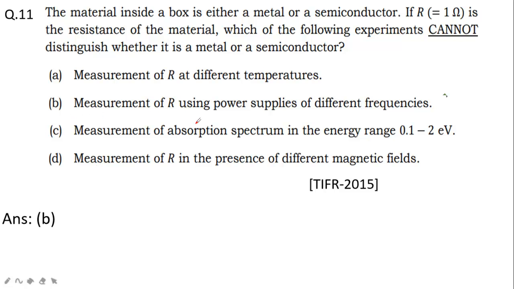Option B will be correct. Measurement of R using power supplies of different frequencies is an experiment that cannot distinguish, because we know this from our earlier classes. This question was from TIFR 2015.